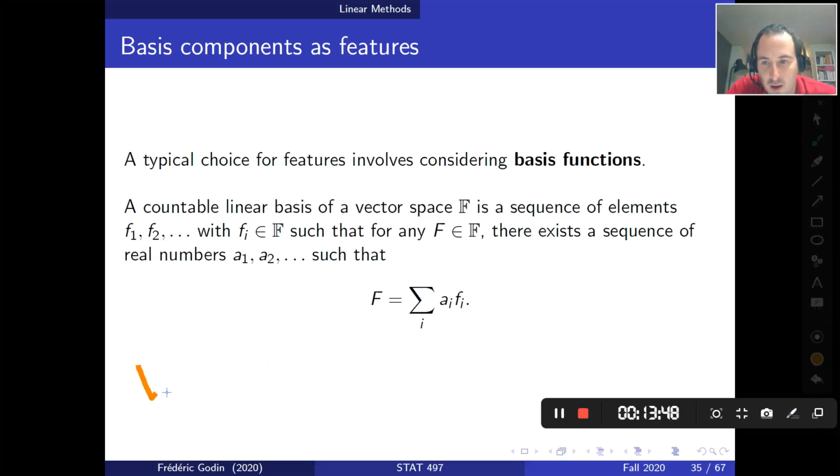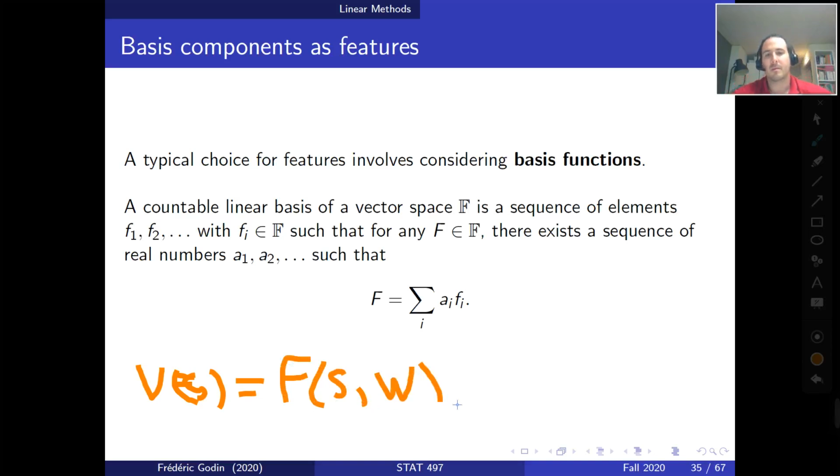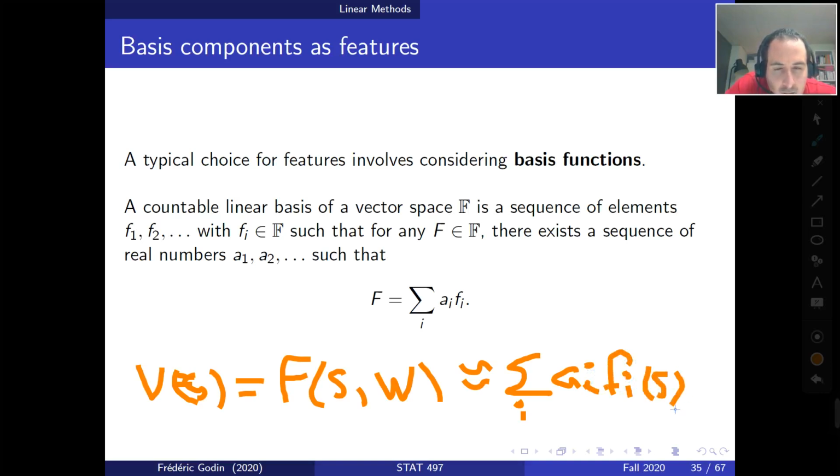So maybe we can say that if the value function, for any state s, can be expressed as a function of the state, so here, if the value function can truly be represented as a parametric function of the state, then often we could form the following approximation: the sum of a_i f_i.